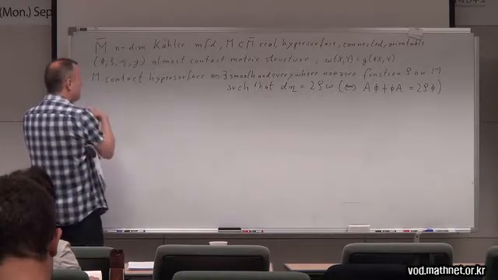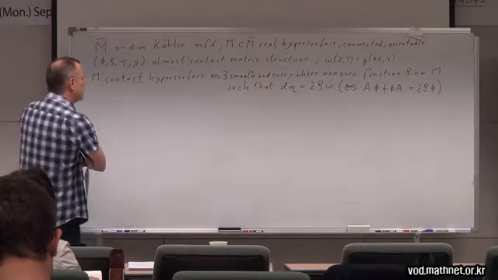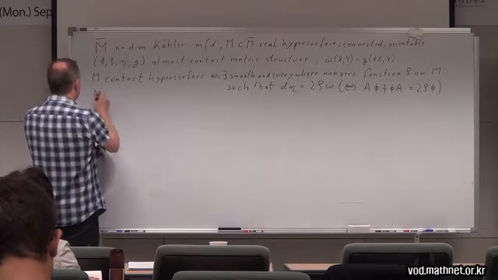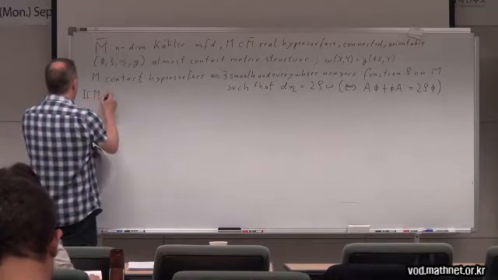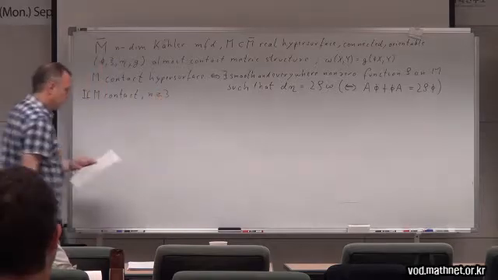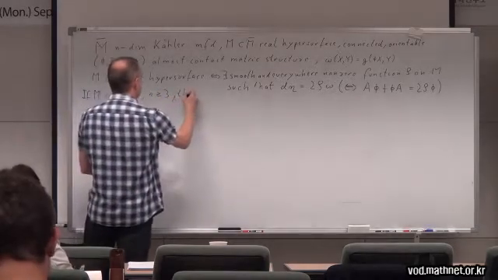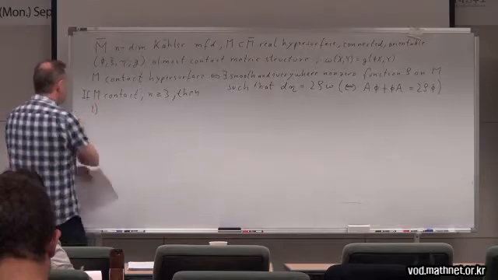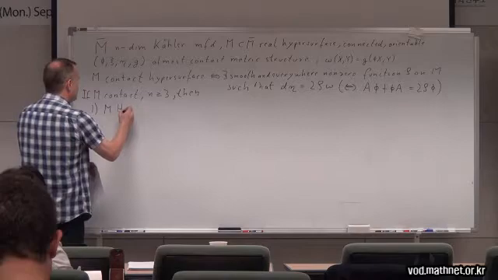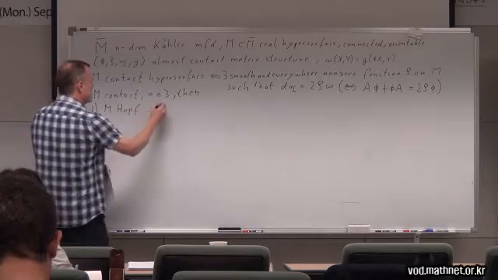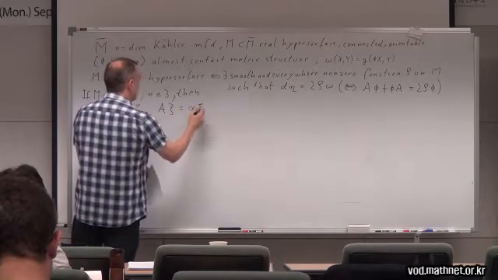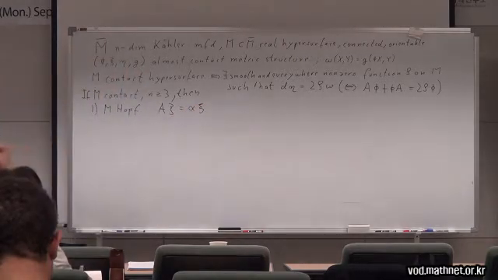And then we had a couple of properties of contact hypersurfaces. So if M is a contact hypersurface and n is greater or equal than 3, then the first property is that M is always a Hopf hypersurface, which means that Xi is a principal curvature vector.